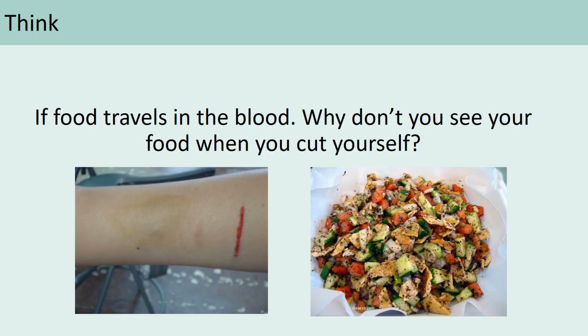So it's something for you to think about before we get going. If food travels in the blood, why don't you see your food when you cut yourself? So why isn't it that if you cut yourself or are bleeding, you don't see chunks of your meal in it?